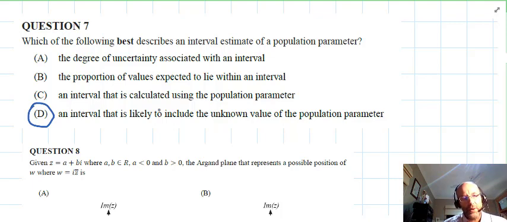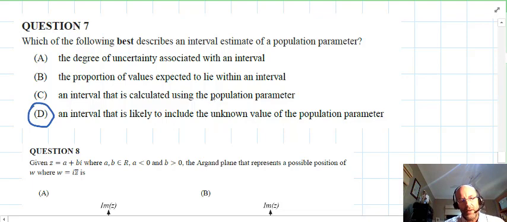So that links to D pretty well. The main example in specialist maths is that of the confidence interval for the population mean. And also the parameter is unknown. Largely speaking, the parameter is unknown when we're dealing with this stuff. So there's 2 good reasons there.